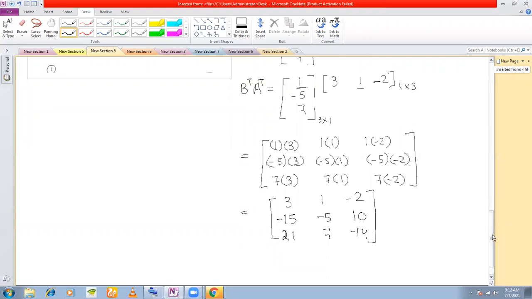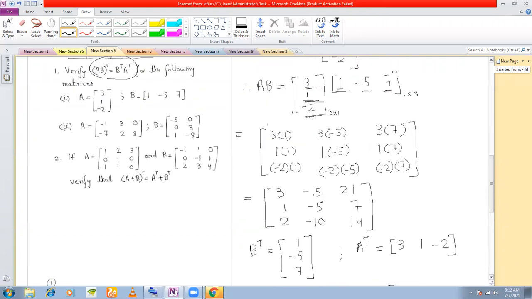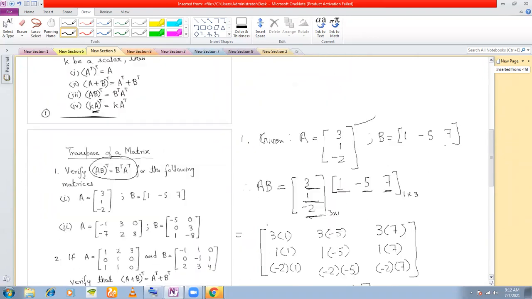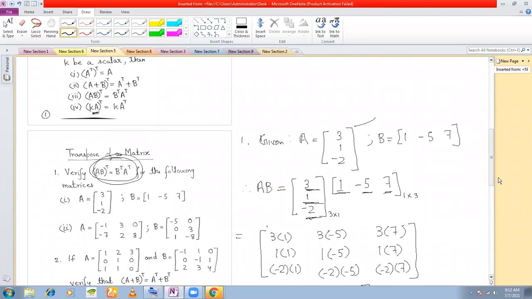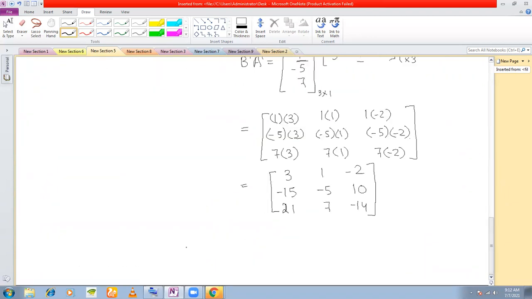Okay. So now we start from this left hand side. What do we have to show? We have to show that (AB) transpose is equal to B transpose A transpose. So left hand side is equal to (AB) transpose.